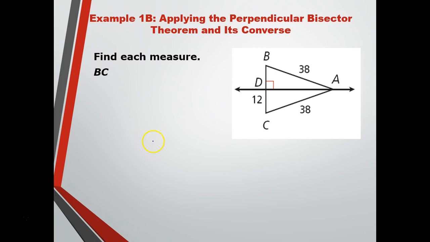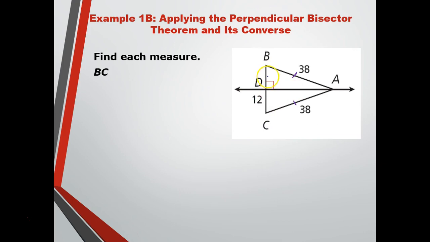Okay, similarly, in this exercise, it is asking us to find each measure, find BC, what BC is equal to. Okay, so this is using the converse. We know this measure over here is 38, and then this measure over here, CA, so AC and BA are congruent to each other, and that means that DA is the perpendicular bisector of BC.